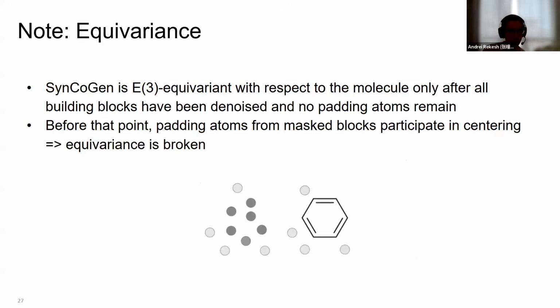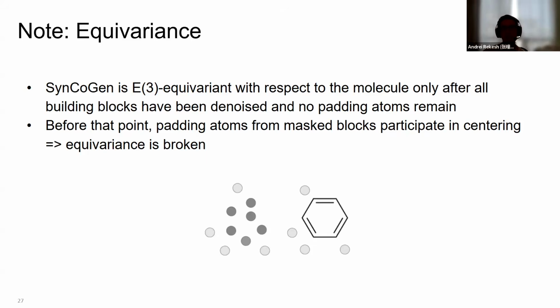One thing about equivariance, as you can imagine, is that with respect to all the particles in the model, which include padding atoms, we don't change anything about equivariance. It's still E3 equivariant. But with respect to the actual molecule, only after all the building blocks have been denoised and no padding atoms remain in the model is the centered molecule equivariant.